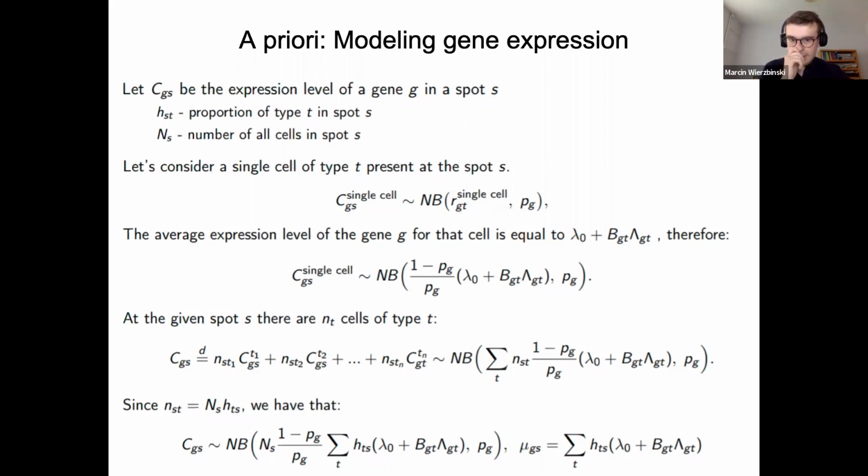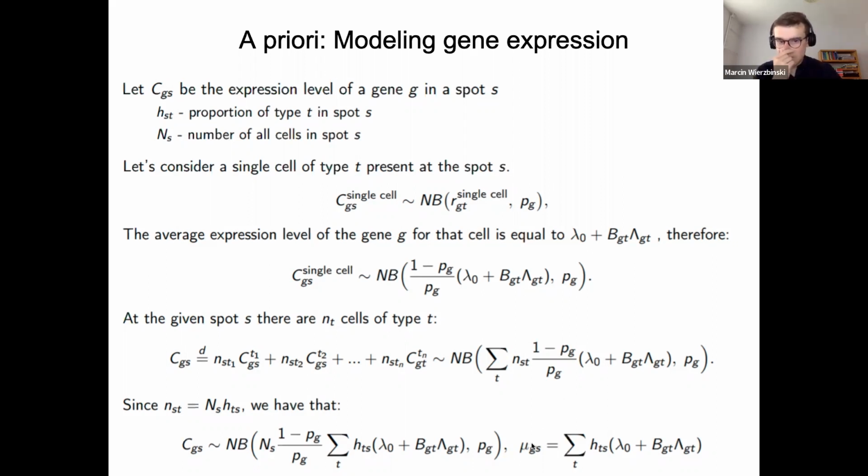Recall that C_GS is the expression level of a gene G in a spot S. So we have two very important pieces of information: the gene, and also the localization of this gene on the ST microarrays. The assumption of average gene expression level of a specific gene G for that cell is equal to the expression from the bottom panel.